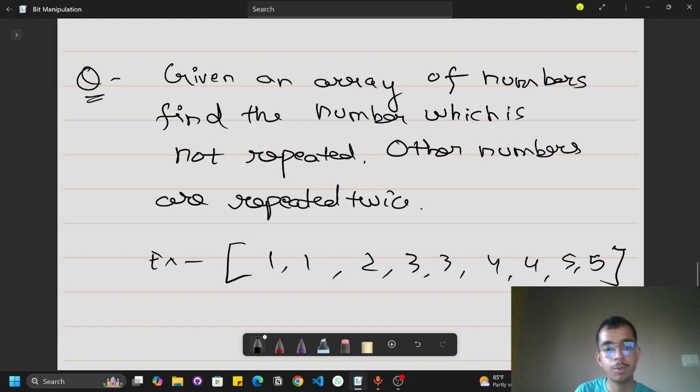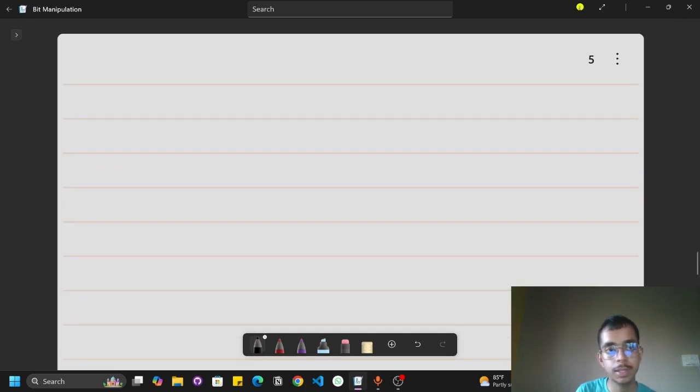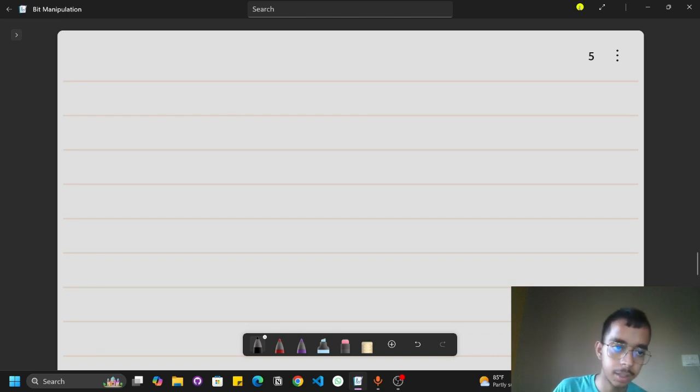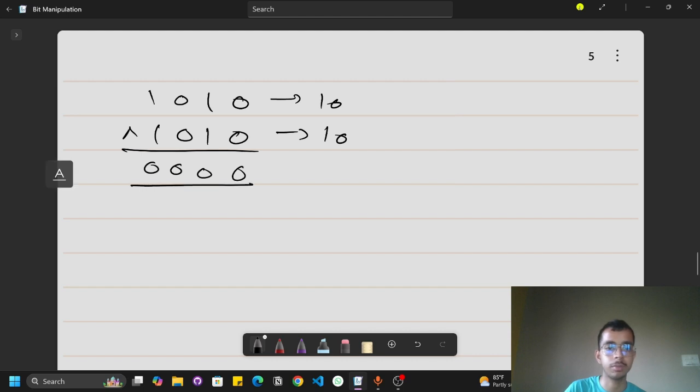So how can you do this question? For this question, you need to understand one thing, that is XOR of the same number. Let's say from the earlier example, this is 10. And if I take XOR with 10 only, what will happen? The same: 0, 0, 0, 0. So you get 0.